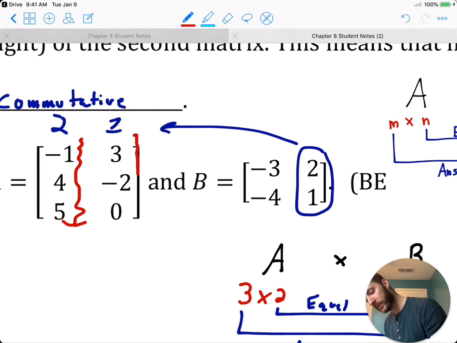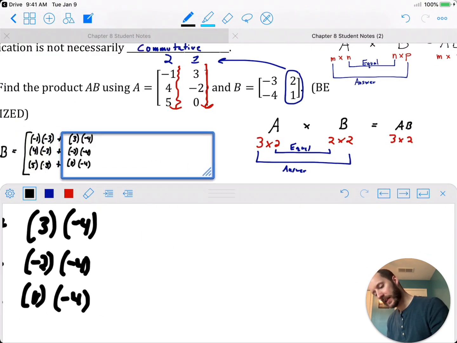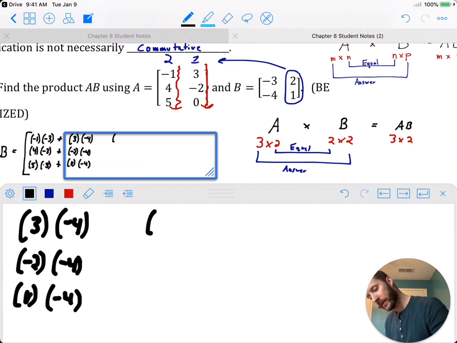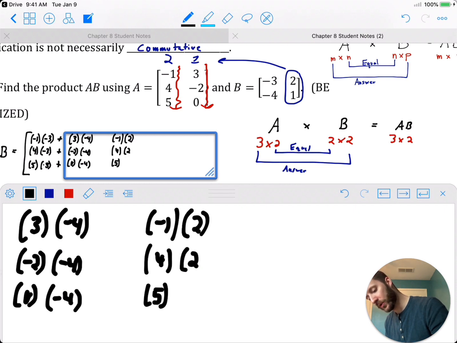The 1 is going to filter down also. So I'm going to copy here -1, 4, and 5, which is the first column from matrix A. And then every single one of those entries gets a 2 filtered to it.